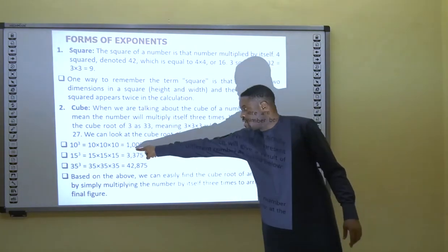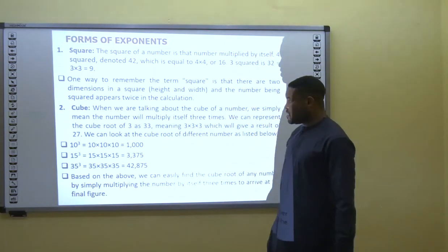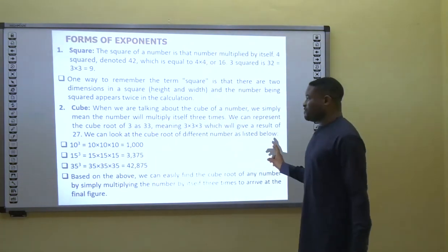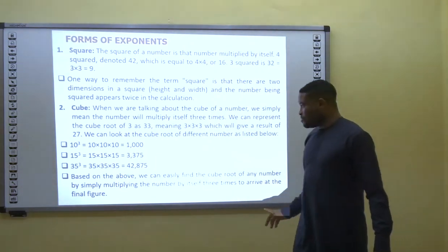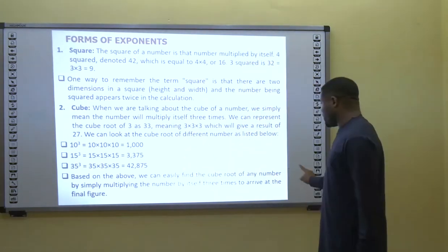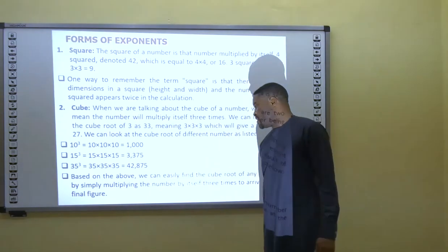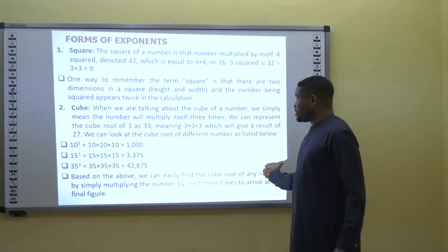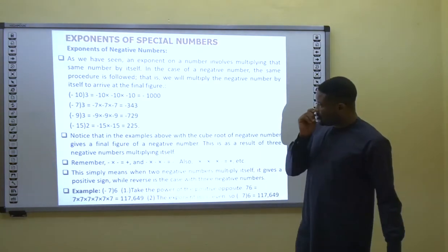And that will give you 1000 in the case of 10 raised to the power 3. That will give you 3,375 when 15 is raised to the power 3. So based on the above, we can easily find the cube of any number by just multiplying the number by itself, raised to the power that is being expected.